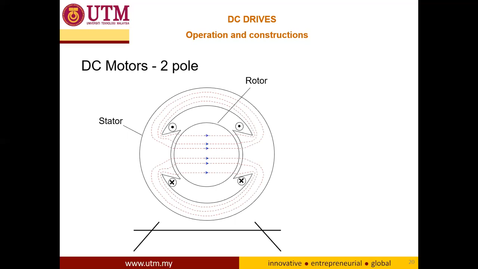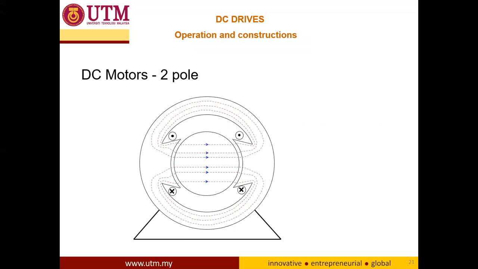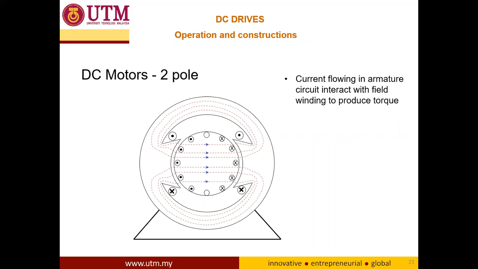When we have a power supply connected to the stator, we induce a flux. And when we supply the rotor with a voltage supply, it will also induce some flux.